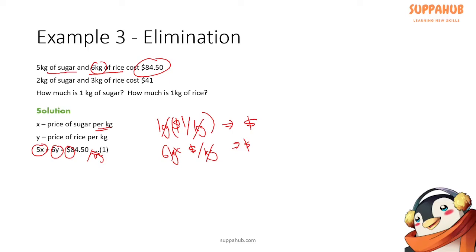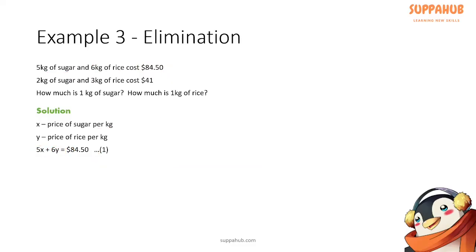Alright, so let's erase my ink. Then you have 2x plus 3y equals $41 in the next statement, right? It tells you 2 kg of sugar and 3 kg of rice gives you $41. Okay, simple. Now how do you solve this problem?